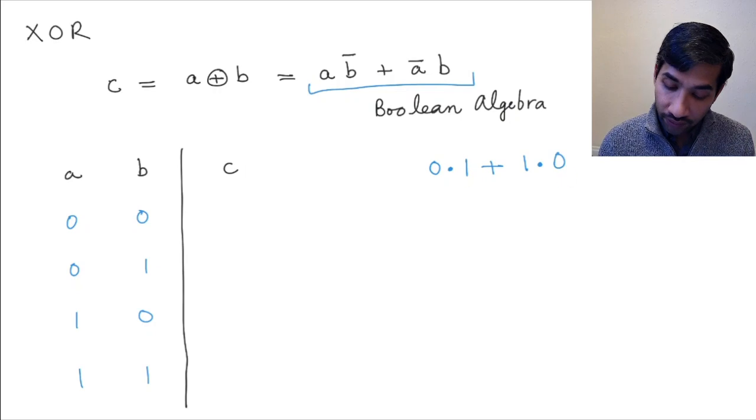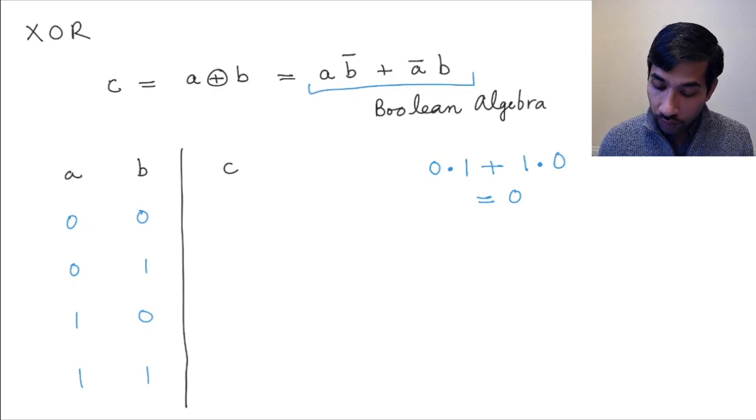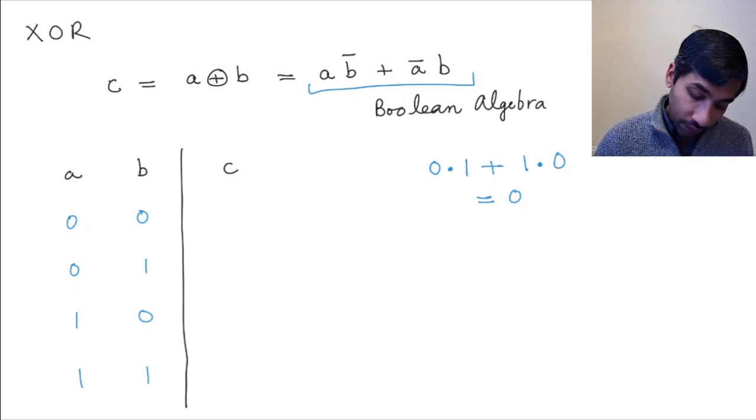That is simply going to be 0, because A, 0, and 1 is 0, and 1 and 0 is 0. So 0 or 0 is again 0. So I get an output of 0.